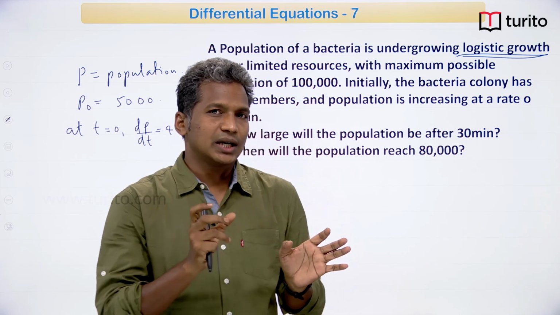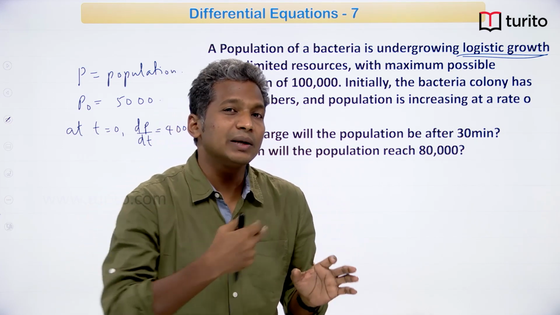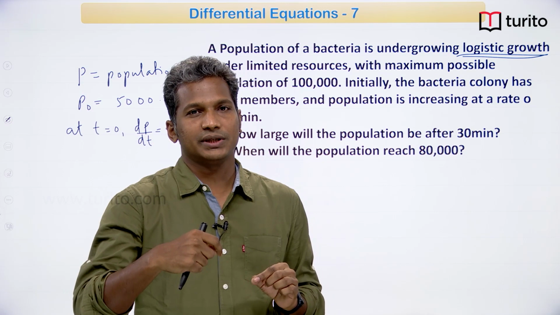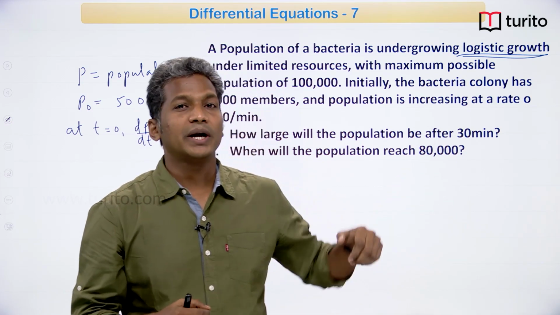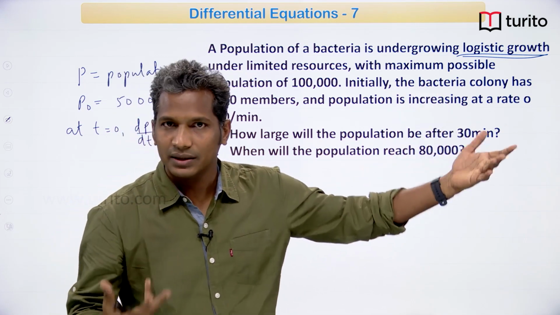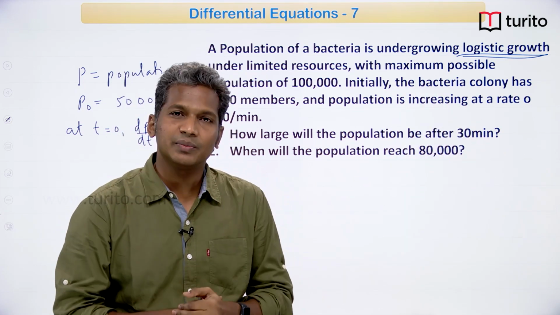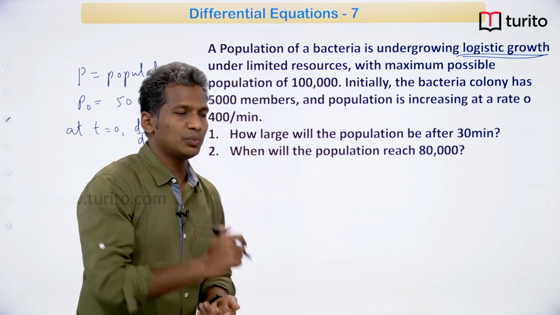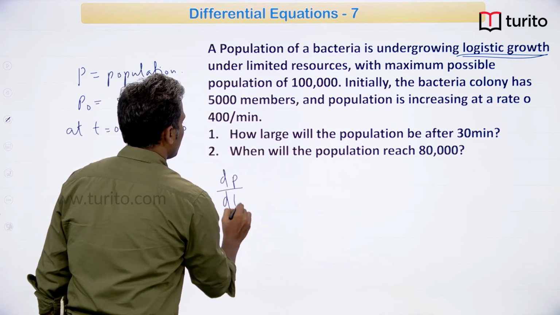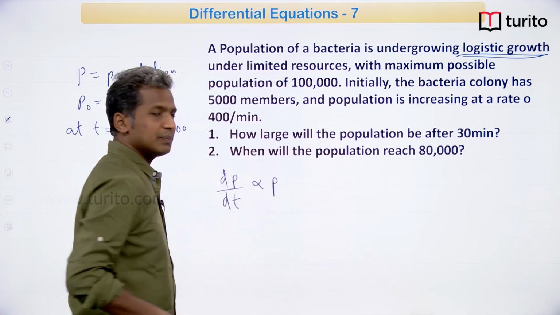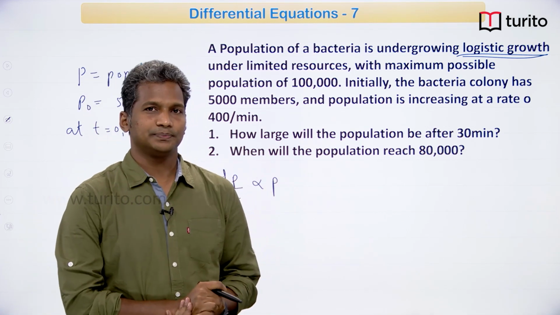Here you can understand that the population increment will depend on the current population. For example, let's say there are 1000 couples today. By tomorrow the number will increase bigger. So the population rate must be proportional to the current population. That is one idea that we are concluding. It must be proportional to the current population.